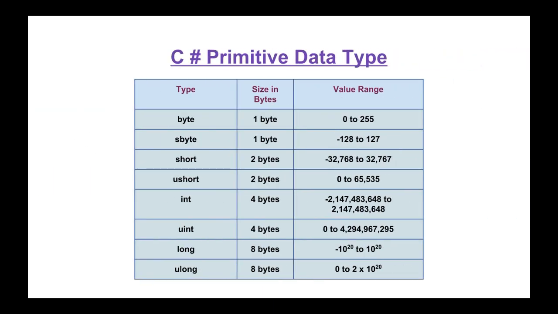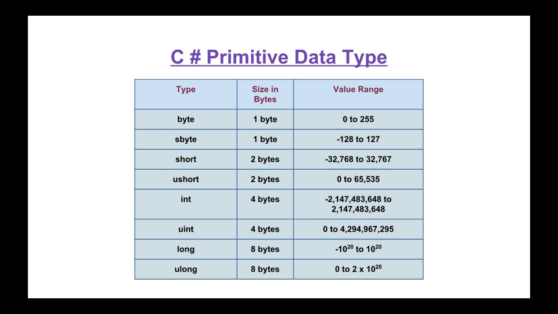The C# primitive data types are byte, sbyte, short, ushort, int, uint, long, and ulong. The U stands for unsigned, which means it cannot take negative numbers. And the S stands for signed, which means it can take negative numbers.